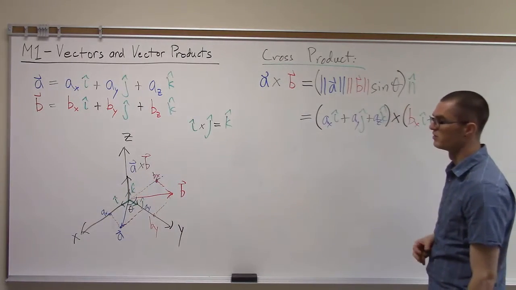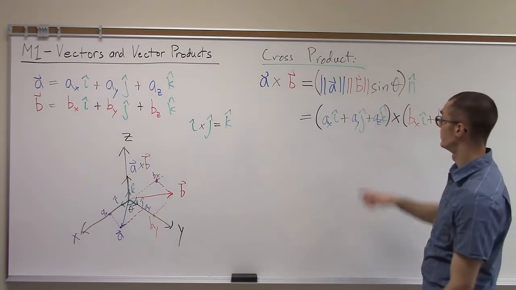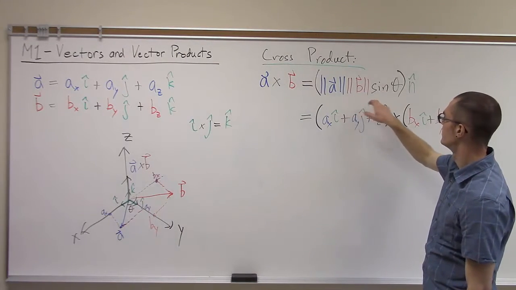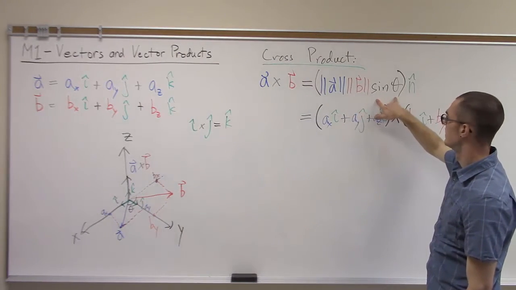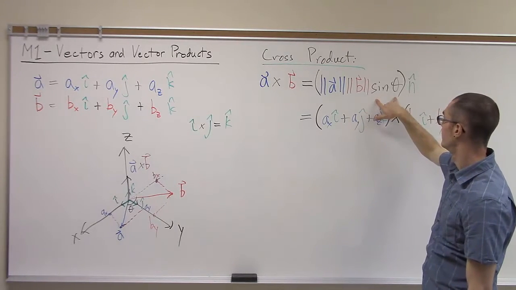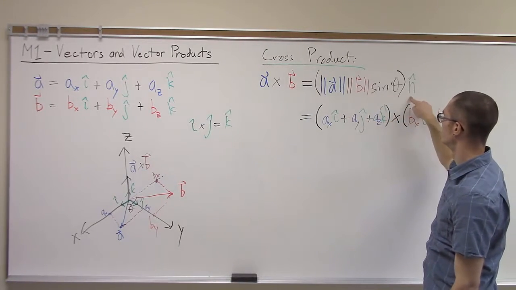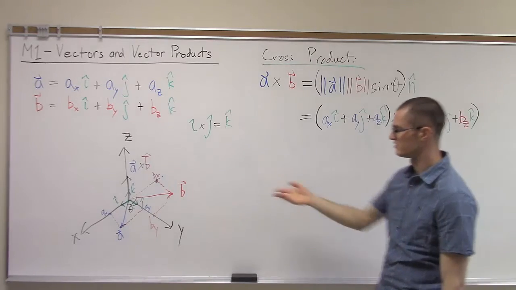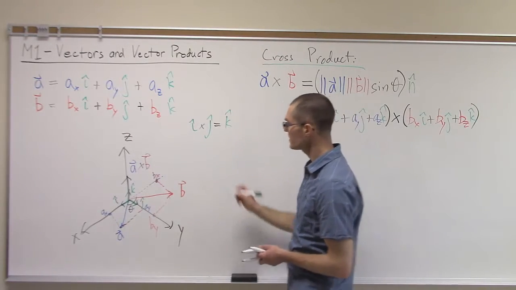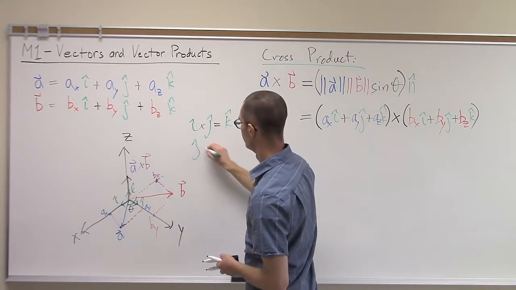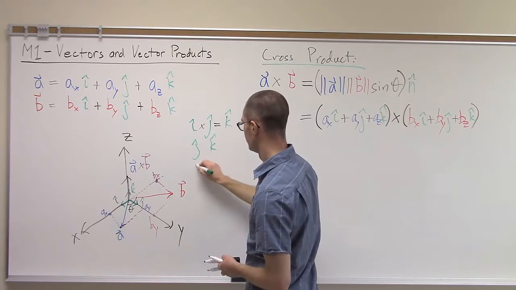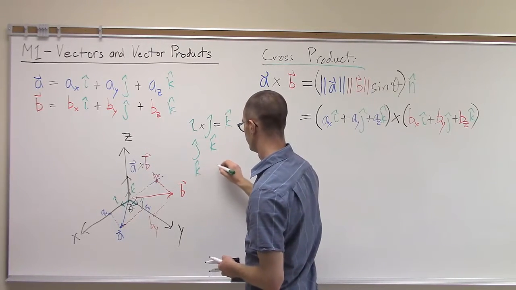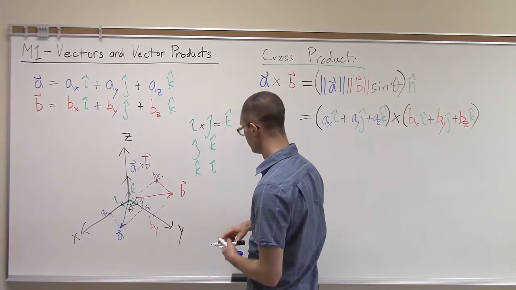And since those are both unit vectors with lengths of 1, when I multiply 1 times sine of 90, the result is just 1, and so my unit vector in that direction is just the k vector. And the same thing happens if I go j cross k, k cross i.